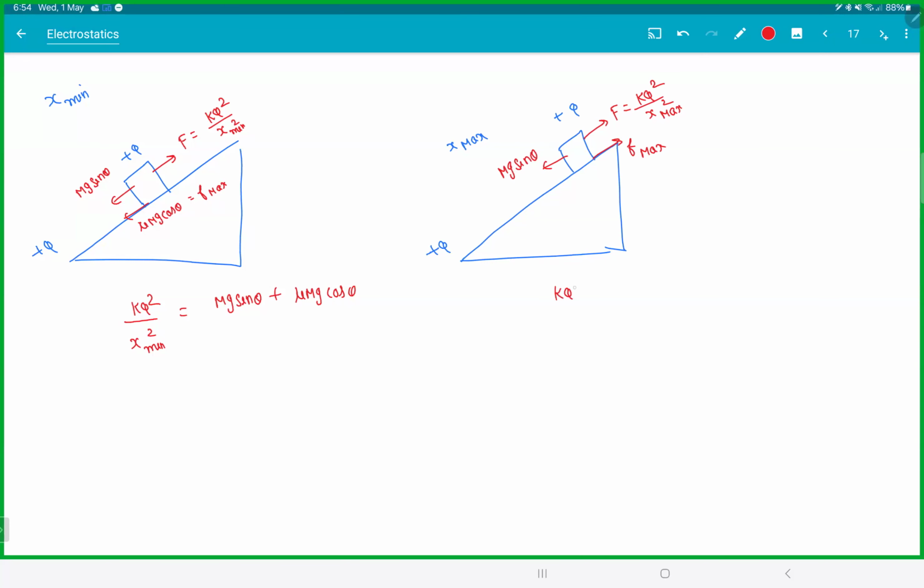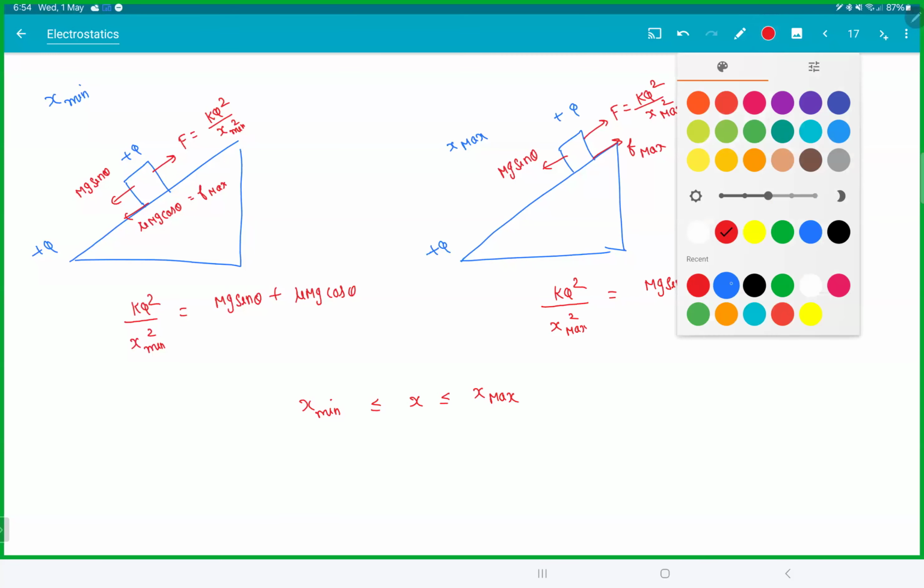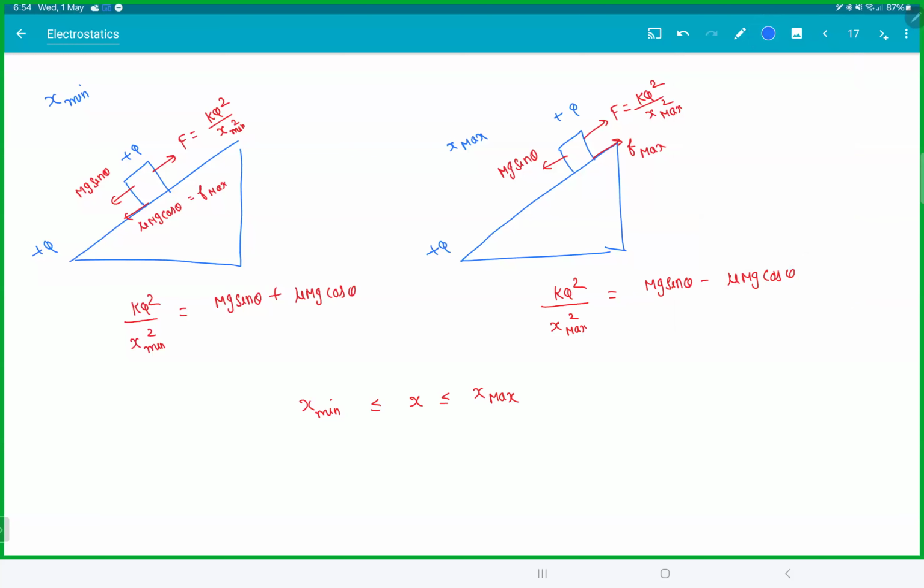So in this case, you'll get kq square by x max square is mg sine theta minus mu mg cos theta. There, you get the maximum and the minimum value. So the answer is x lies anywhere between x min and x max. Anywhere in the middle, you can be in equilibrium because the friction can adjust the value. Please check. So there are infinite answers for this. It's not a single one. Easy?